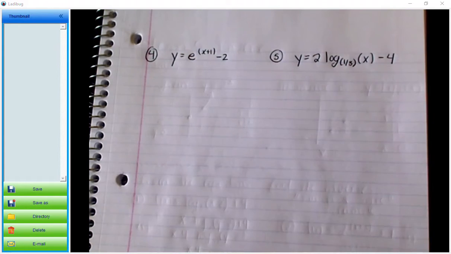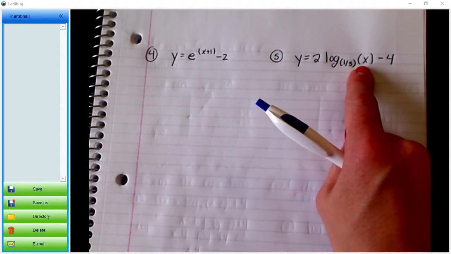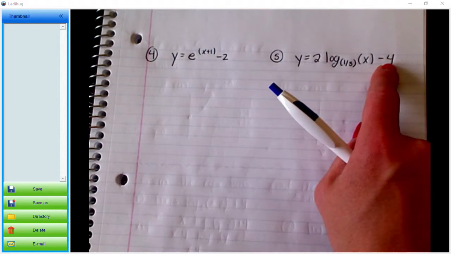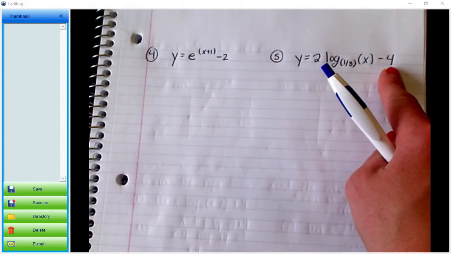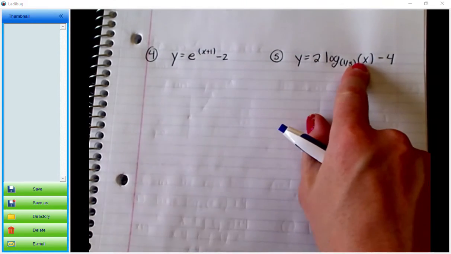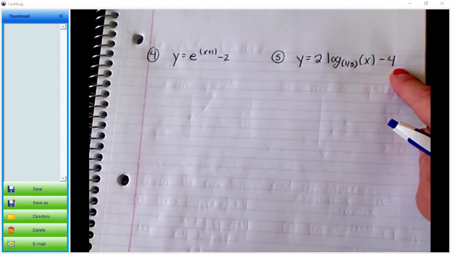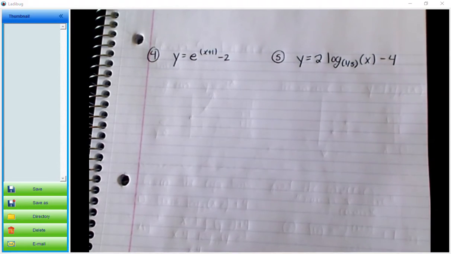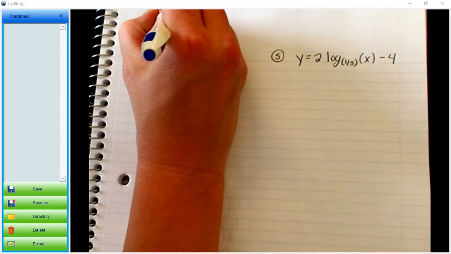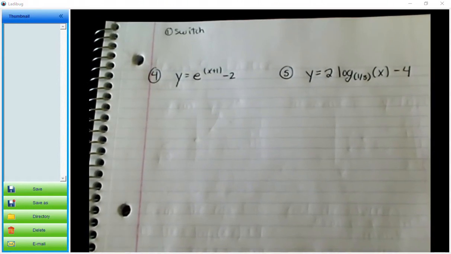Notice the grouping symbols on the x. That means that the vertical asymptote is x equals 0, and then it's shifted down 4 units. The grouping symbols help determine your transformations because it's putting what goes with the x and what's outside. H is inside, K is outside. Okay, so the grouping symbols matter. All right, just a little reminder.